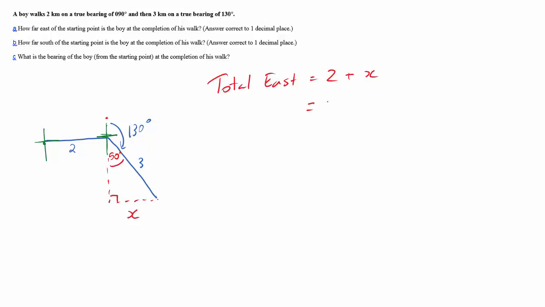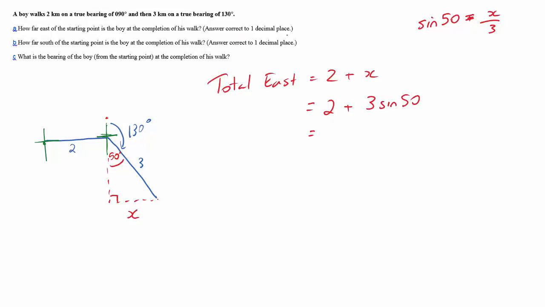So we've got our 2 and we're going to add on our x. Now x is within the sine, so we've got opposite over hypotenuse. Sine 50 is equal to x over 3, so x is going to be equal to 3 sine 50.